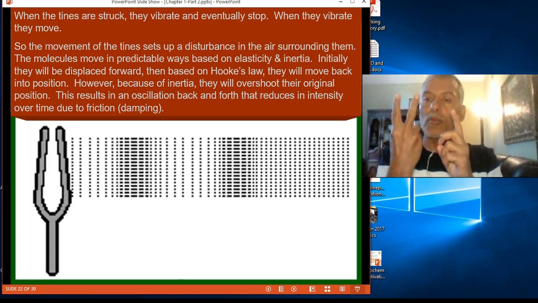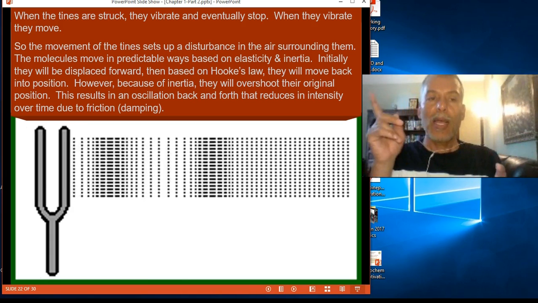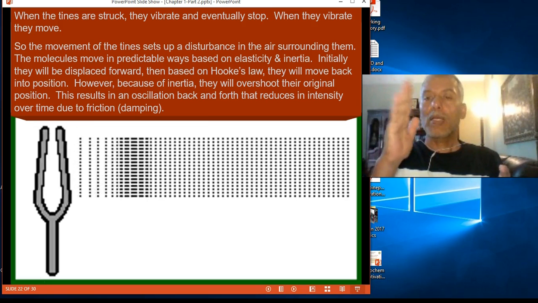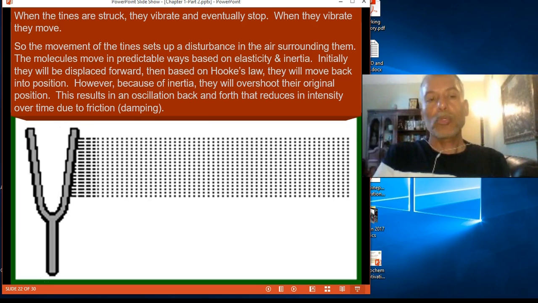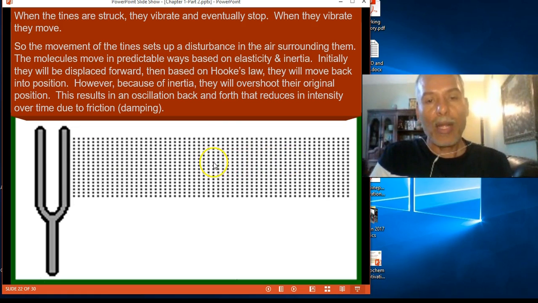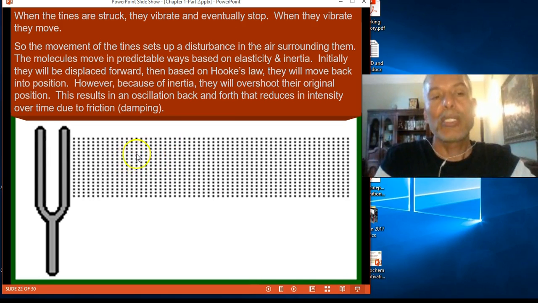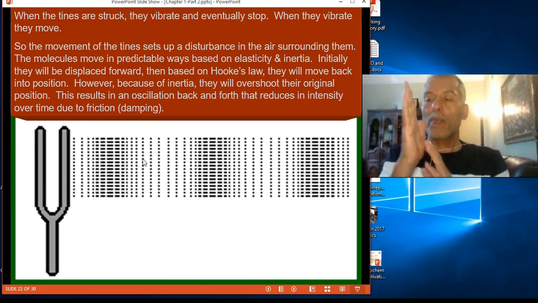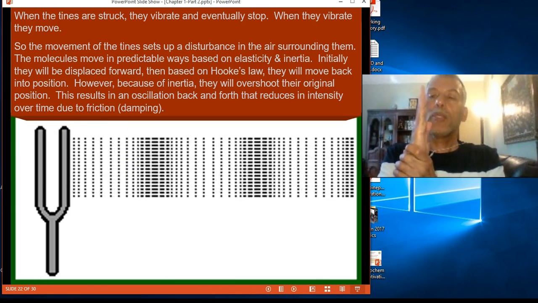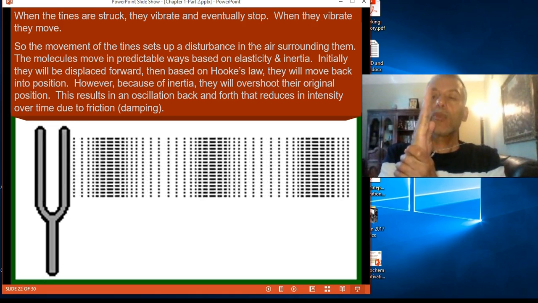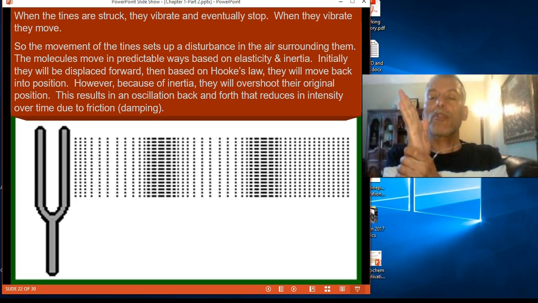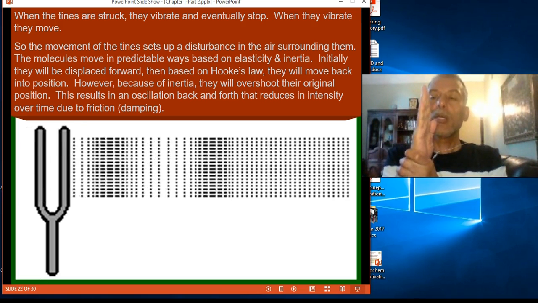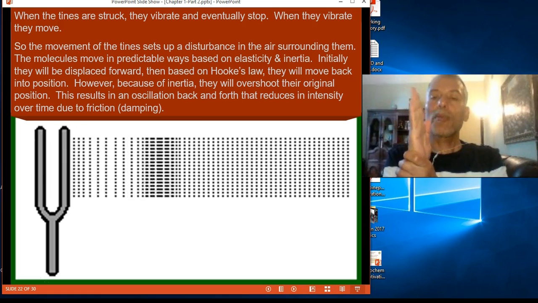The tines of the tuning fork will be displaced, and then they go back and forth, and that will produce compressions and rarefactions in the air that will travel to your ears, and then you will hear the vibrations. You will be able to see if they are high or low frequencies, but each time, just like a pendulum, the tine is going to be displaced from rest, back to rest, back again farther from rest. So compression, rarefaction, and back and forth.